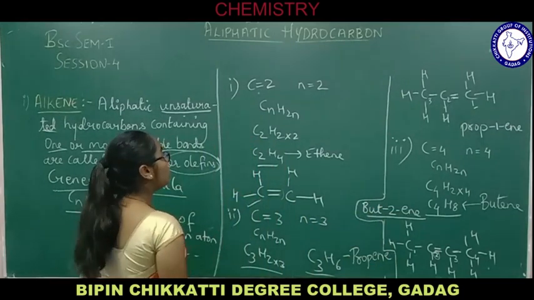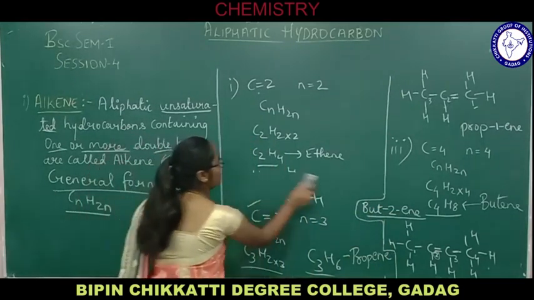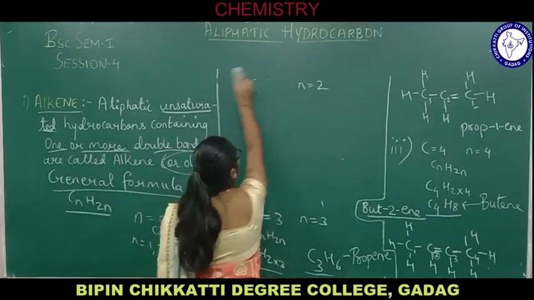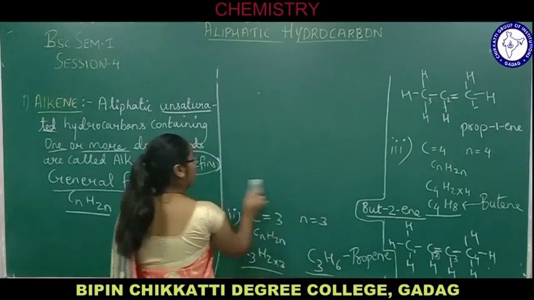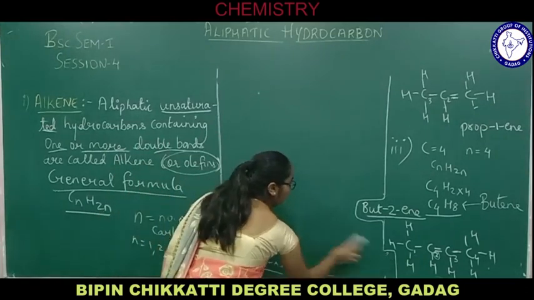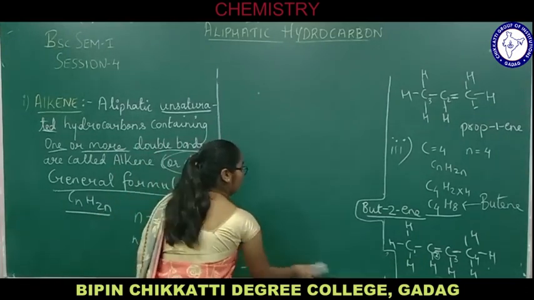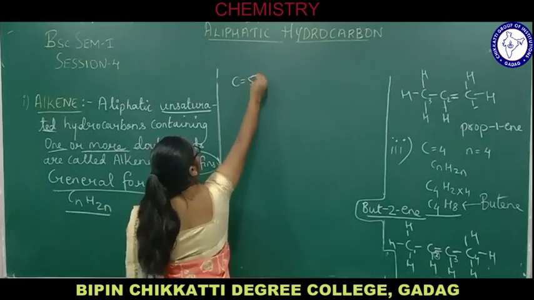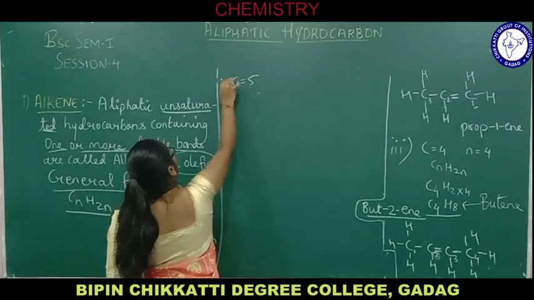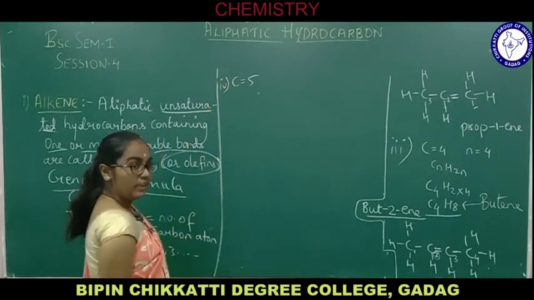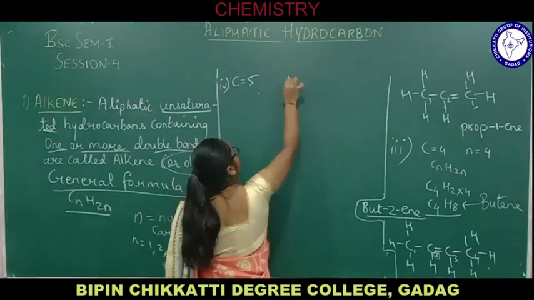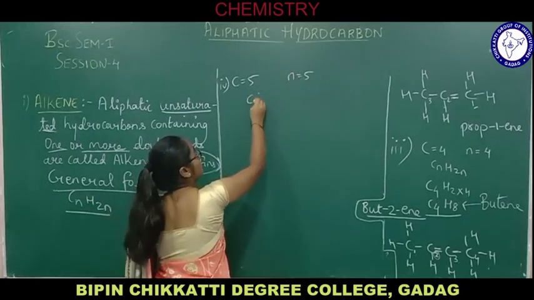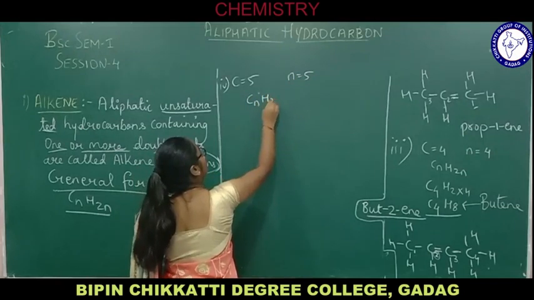Okay, now let's go towards another member of the alkene family, with carbon 5. If I am taking carbon as 5, this is the fourth one. N will be substituted with 5, and we know that the general formula for this is CnH2n.